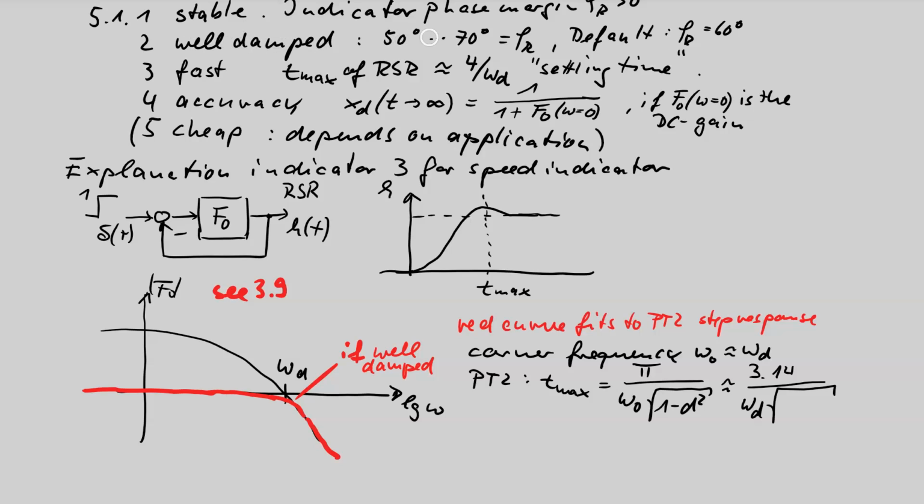If we have a well-damped system, we can say d is in the order of 0.7, and if we put this into this equation, 1 minus 0.7 squared, we get the following value.